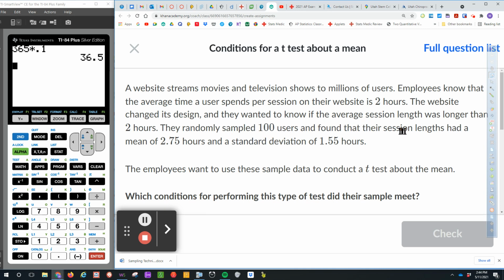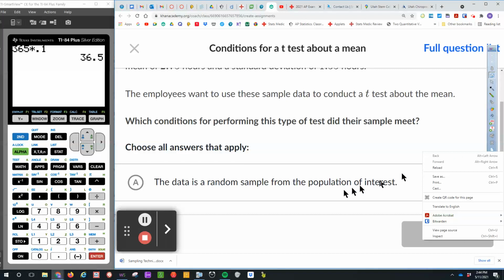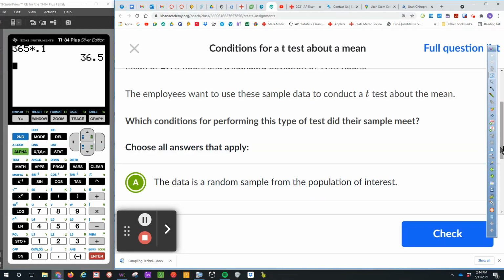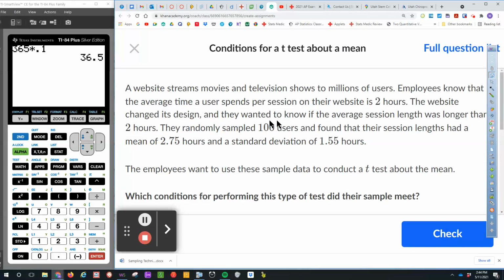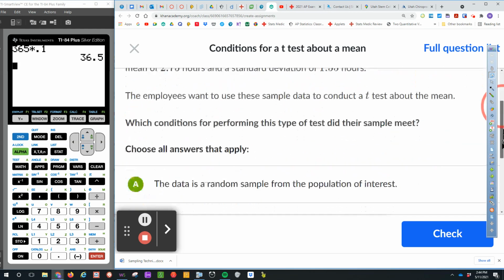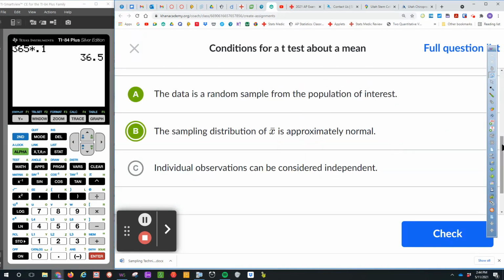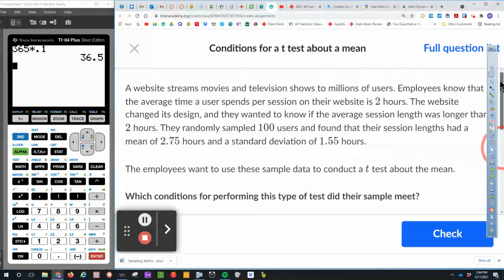They found that session lengths had a mean of 2.75 hours and a standard deviation of 1.55. So we need to look for three conditions. Is it random? Yes, randomly sampled. So the random condition is satisfied. 100 users is more than 30, so I know that the sampling distribution is approximately normal.